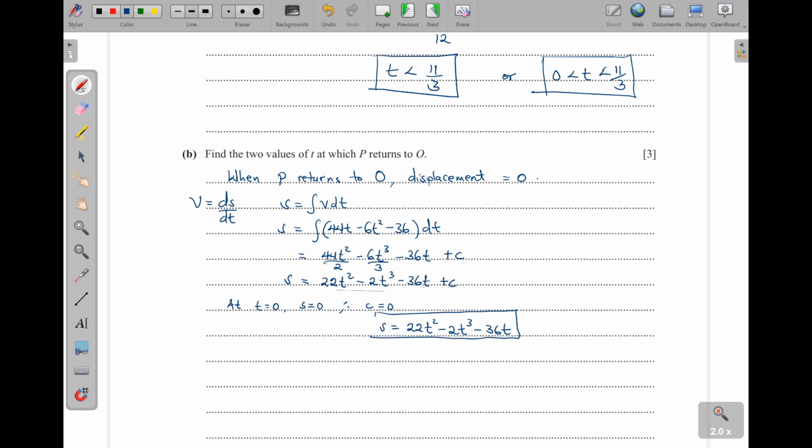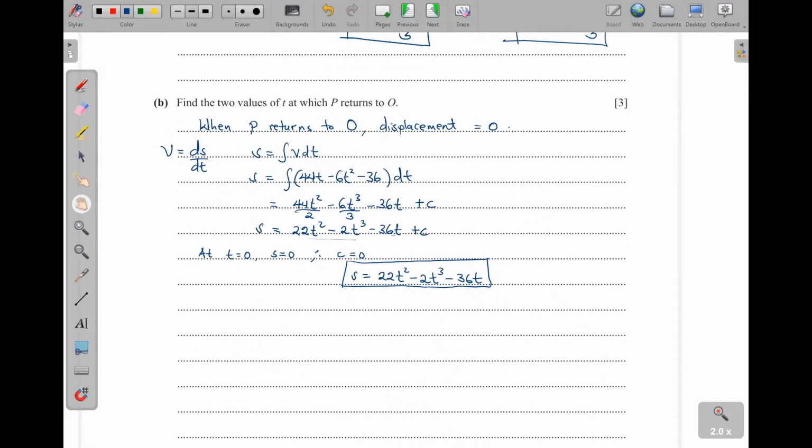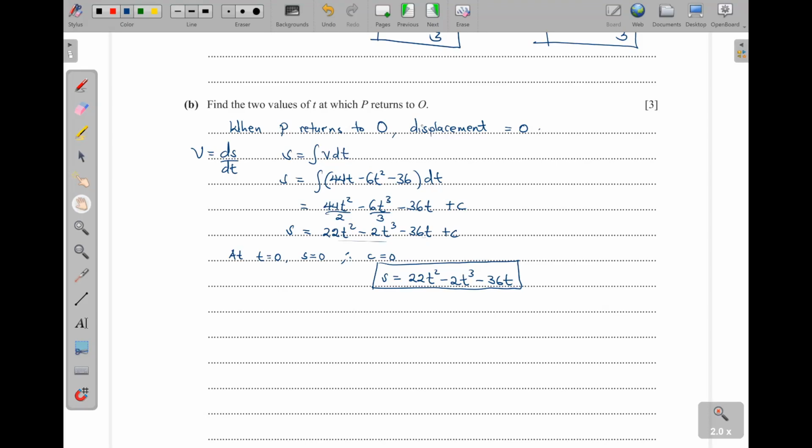But then they told us that we are supposed to find the two values at which P returns to O. And I've said that when P returns to O, displacement is 0. So I will equate this one to 0. In fact, let me write in decreasing powers of t: negative 2t cubed plus 22t squared minus 36t is equal to 0.